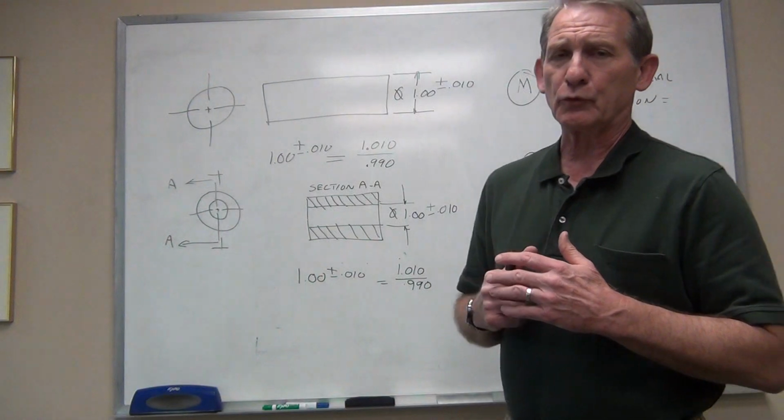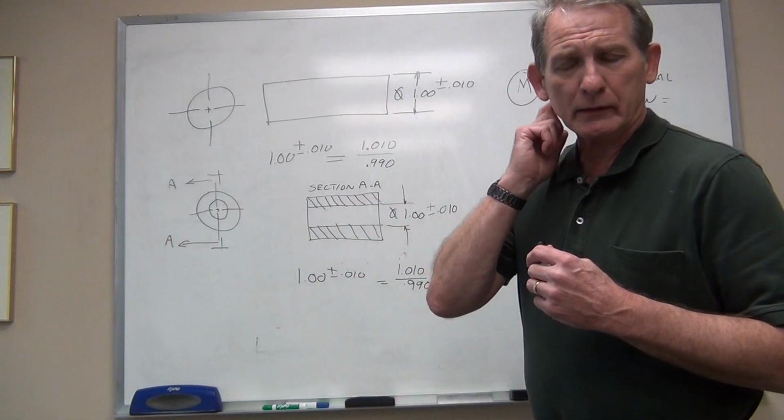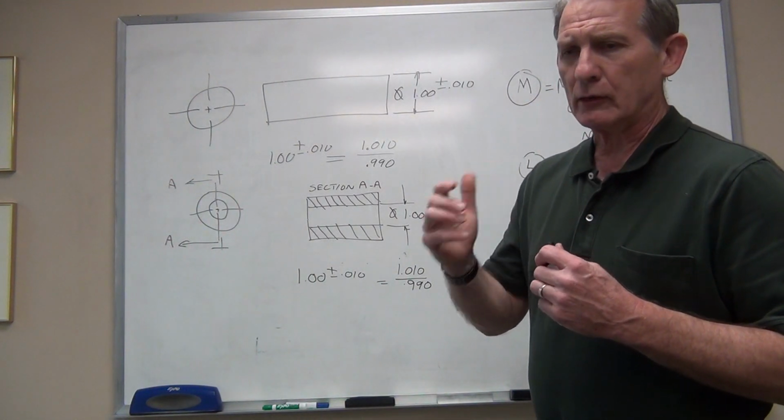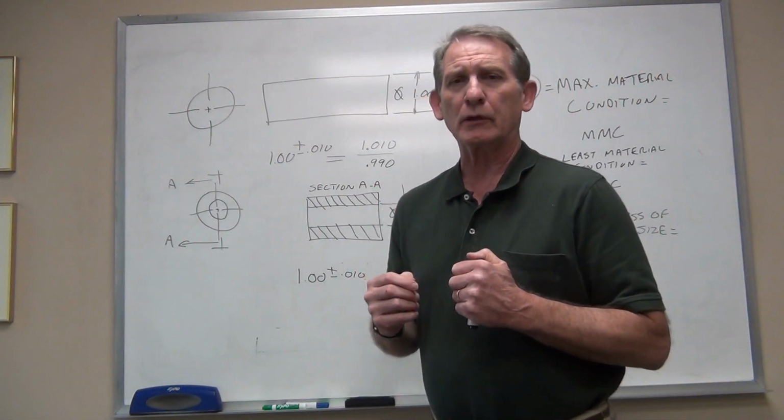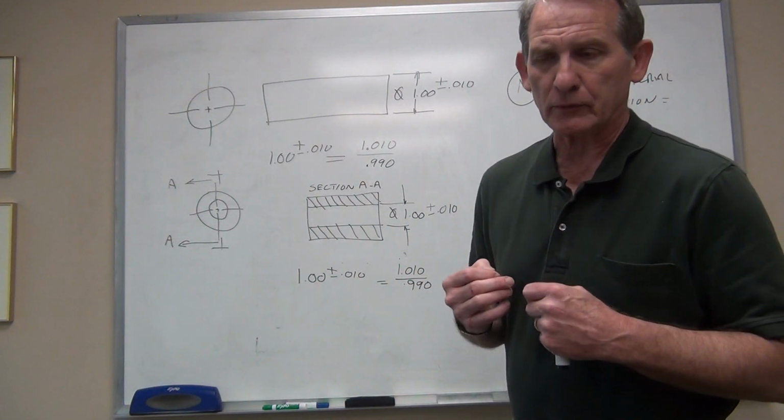And also very similar to form, we are now going to head into the case where the tolerance zone, or the size of the tolerance zone, can be adjusted based on the material condition of a feature.